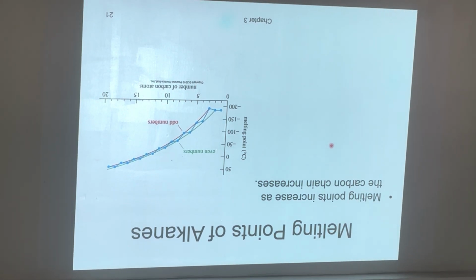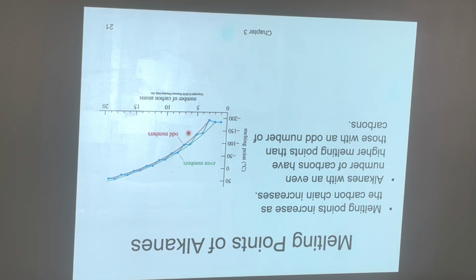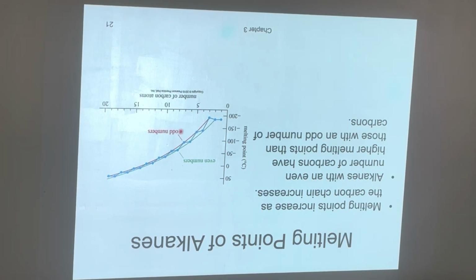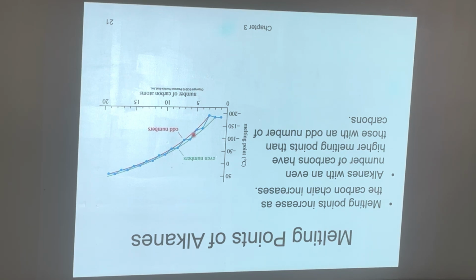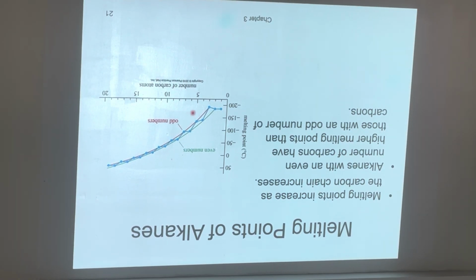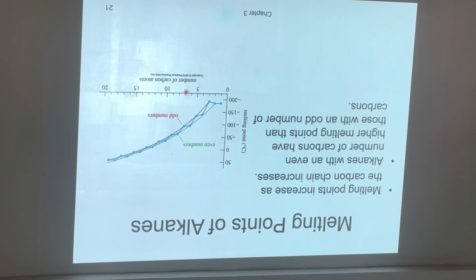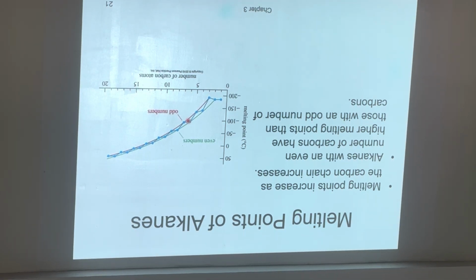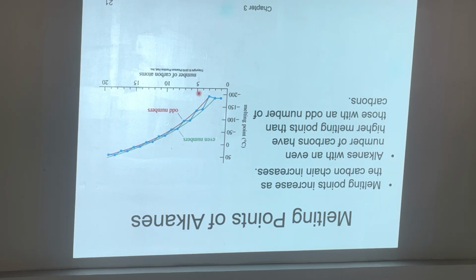Melting points, we kind of have similar trends. The only difference is that in these trends, the difference between odd and even number of carbons tends to give a different melting point. So for example, an even number 6 carbon chain will have almost the exact same melting point as an odd number 7 carbon chain, right? And that has more to do with symmetry of the compound.